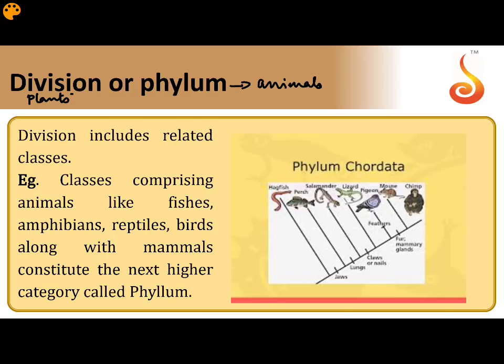Just now we considered our understanding of Mammalia. Along with mammals, we have fishes, amphibians, reptiles, birds. Everything comes under the same phylum. This is called phylum.